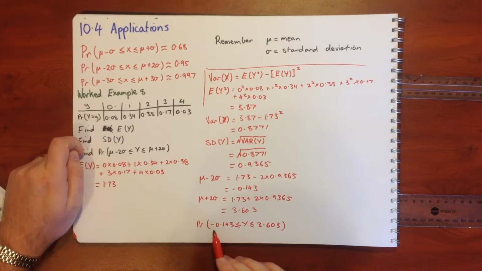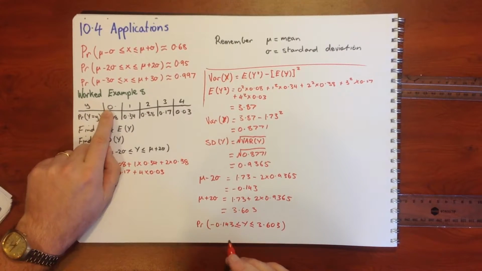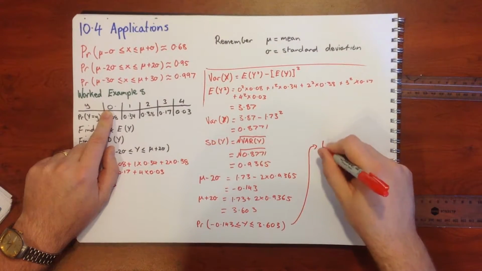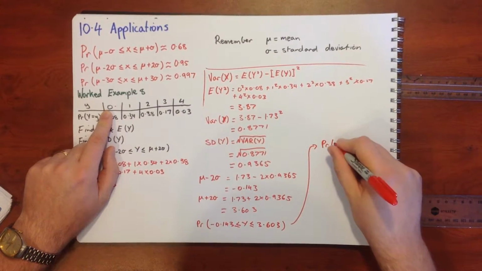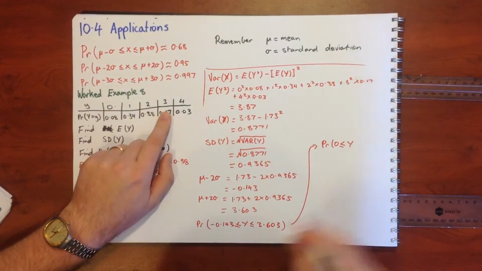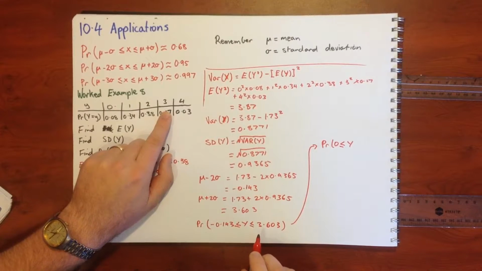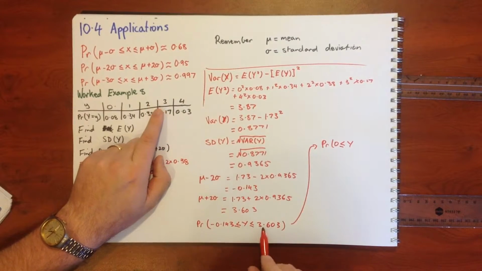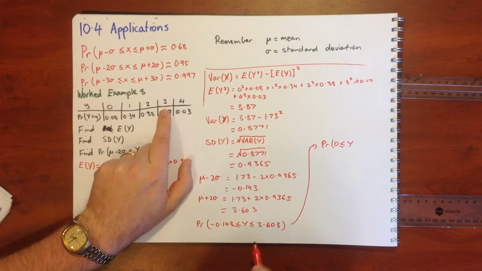We've got to be between negative 0.143, where our lowest value is actually 0. So that means we're looking at the probability of 0 less than or equal to y. Now we can't be 3.603 either, but because we're a discrete probability, that means we don't round up to 4, we actually need to stop at 3.